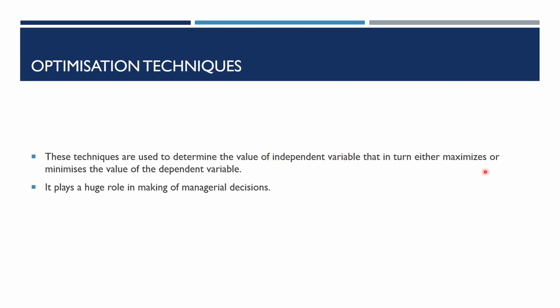That in turn either maximizes or minimizes the value of the dependent variable. And these optimization techniques play a huge role in managerial decision making. Let's take an example. Let's say there's a manager who wants to determine the level of output at which the cost is minimum.